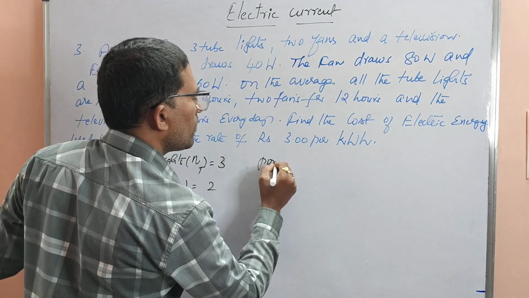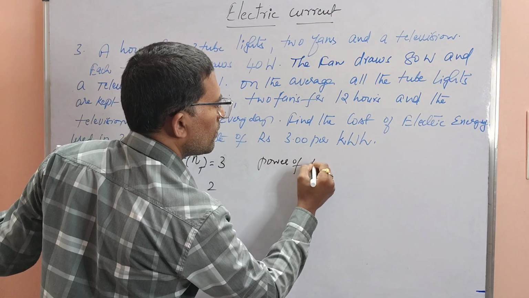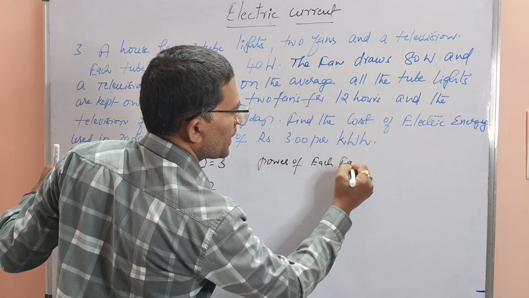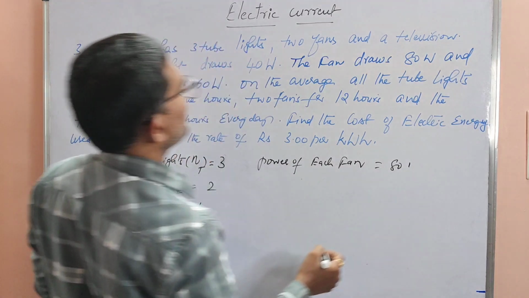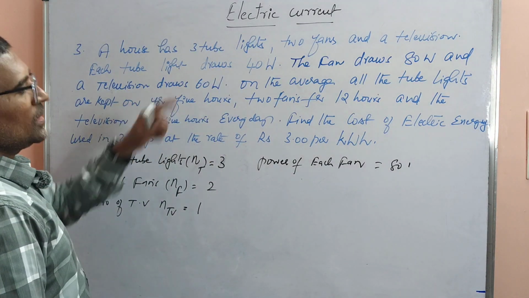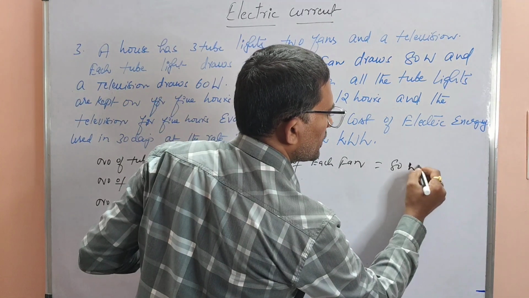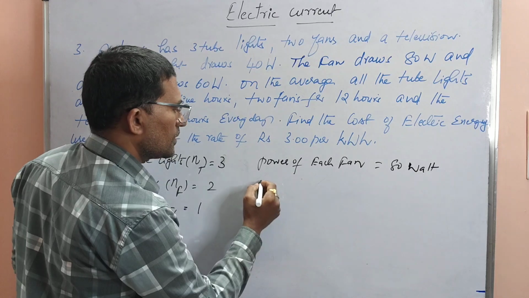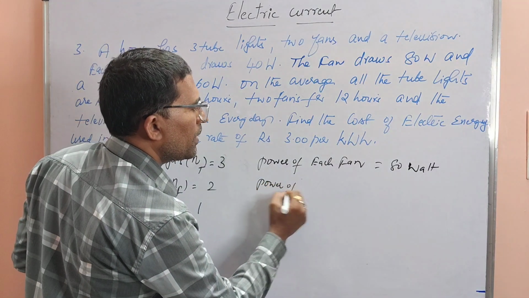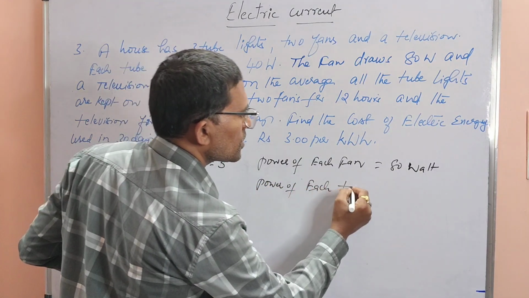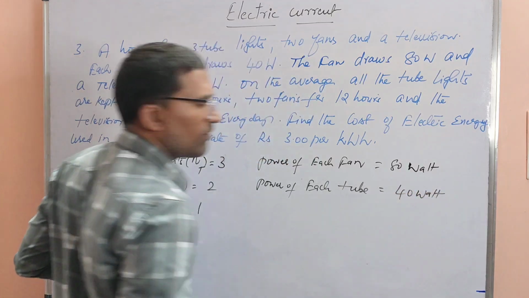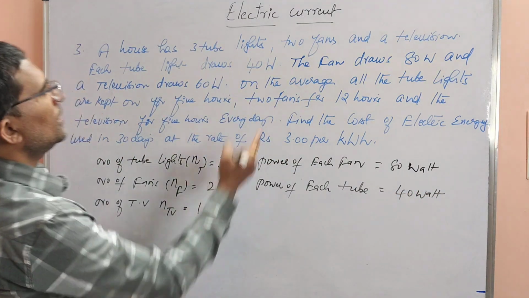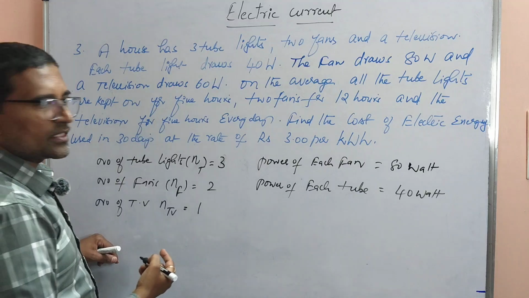Okay, the fan draws 80 watts. Power of each fan is equal to 80 watt. Next, power of each tube, 40 watt was given. Next, the television draws 60 watt.